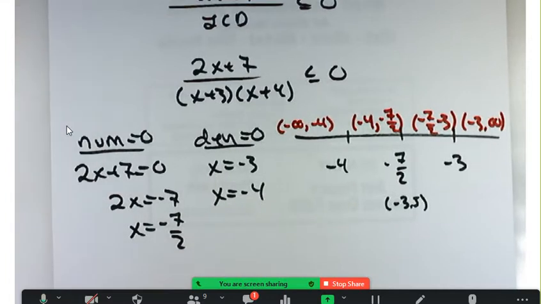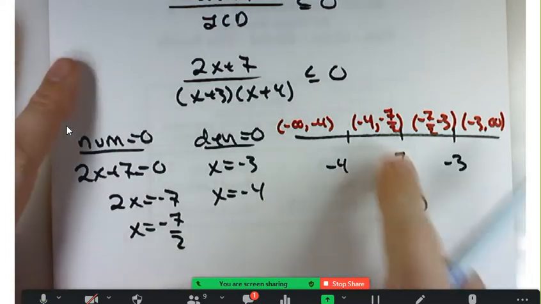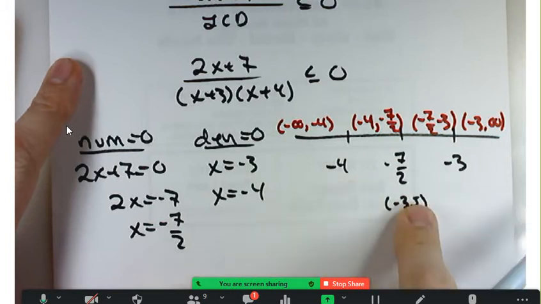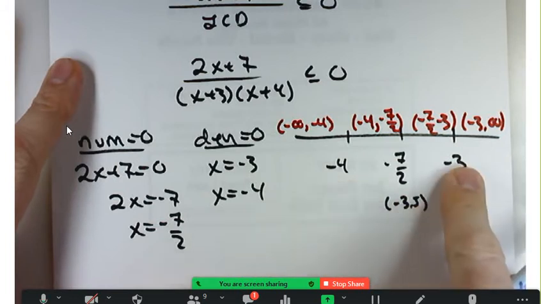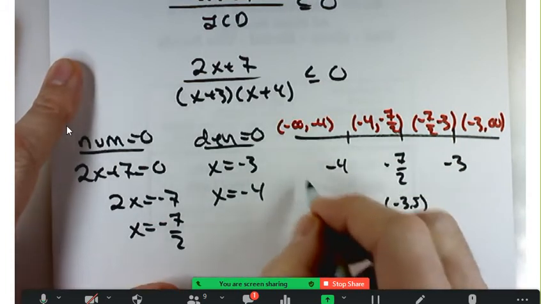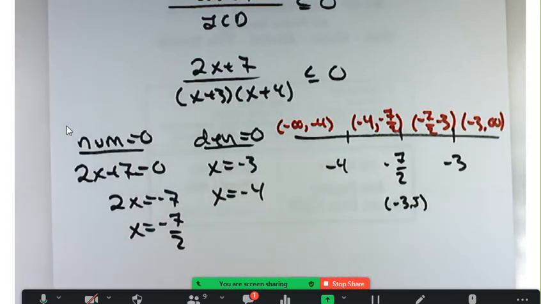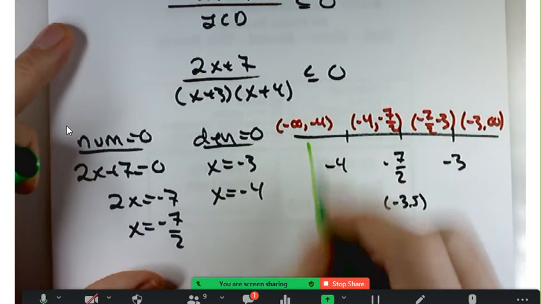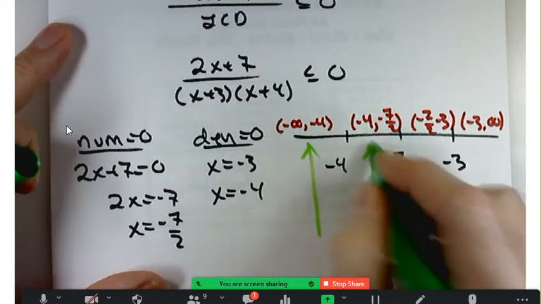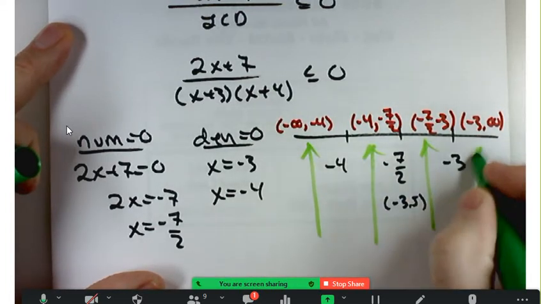Your answer is going to come from these intervals. You still need to test points to figure out which one's going to work. This one gets a little tight in here, right? Because you've got negative 4, negative 3.5, and then negative 3. So as far as our test points are concerned, we're not too bad here. But these middle two are going to be tight.